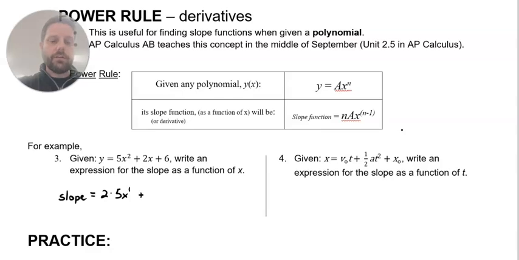We do that for this 2x term, so we have x to the 1 power, which gives 1 times 2x, and we subtract a power, so that makes it x to the 0 power. X to the 0 is 1. And we have to think of 6 as being multiplied by x to the 0 power. Since there is no x there, we could treat it as x to the 0 power, which is 1. And when we bring that 0 out in front, then it goes away. So written in a more simplified way, this would be 10x plus 2.